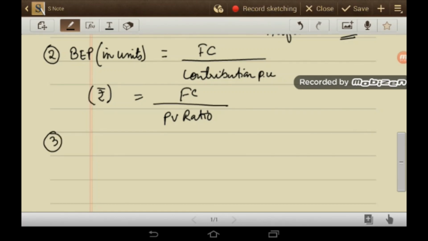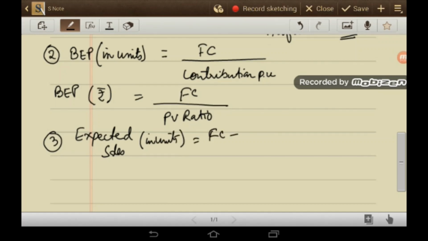Next, expected sales. Expected sales in units is equal to fixed cost plus expected profit by contribution per unit.